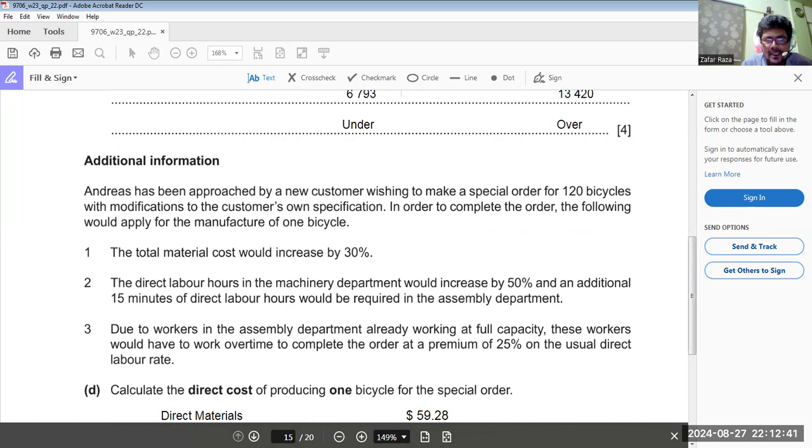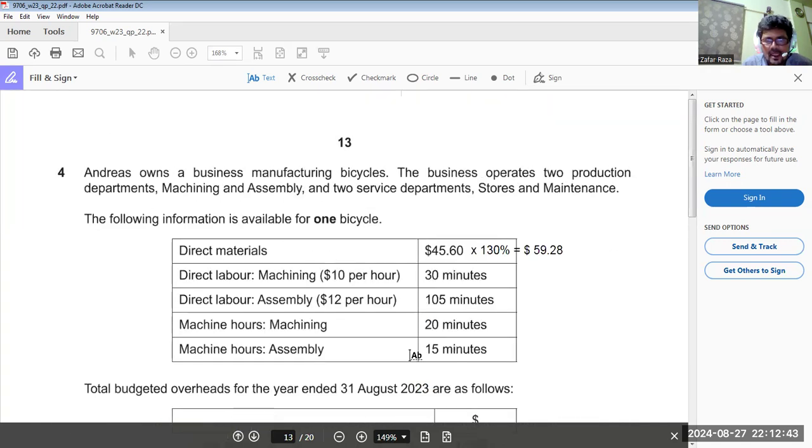So 30 minutes multiplied by 150% is 45 minutes. Assembly direct labor with 15 minutes more means 120 minutes. Got it? Okay, these are the changes. Any other thing?